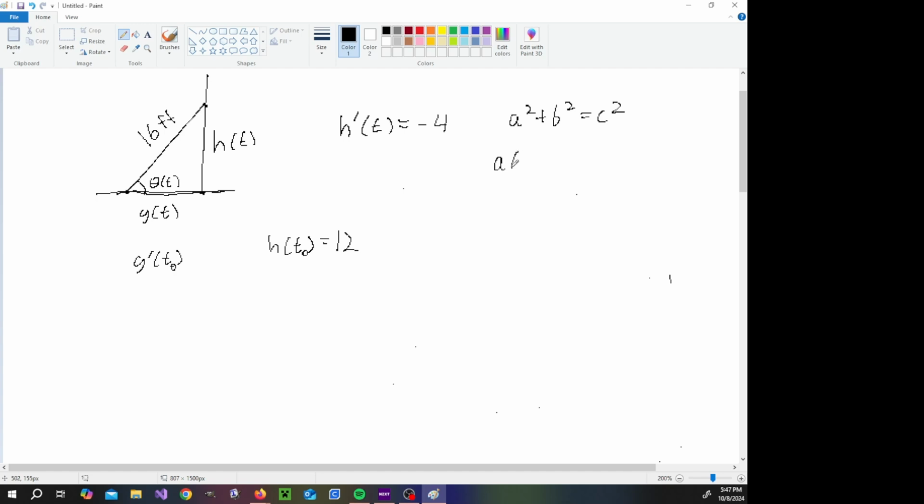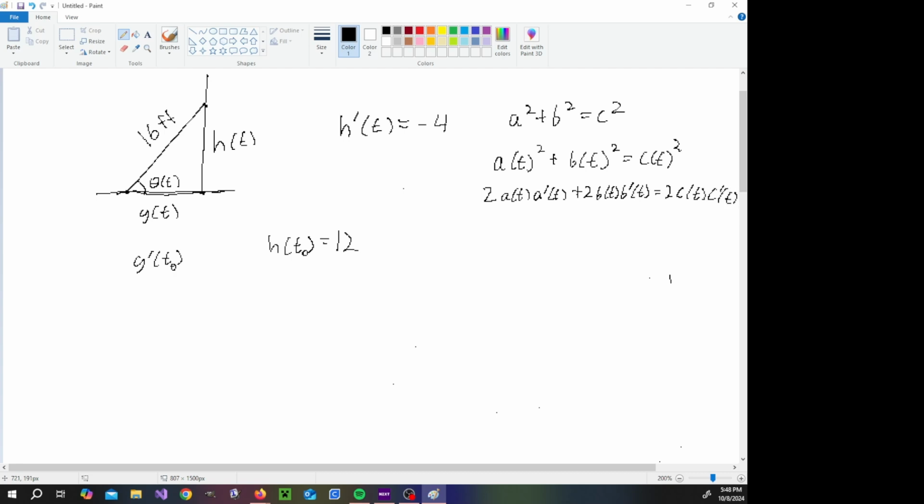Well, if instead a, b, and c are all functions of time, then this is something that now we can do implicit differentiation on, or chain rule, whatever we want to call it. This is 2a times a prime of t plus 2b times b prime is equal to 2c of t, c prime of t.